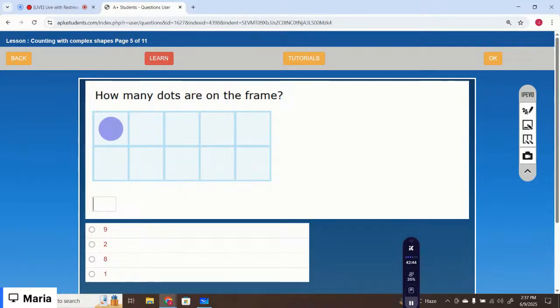How many dots are on the frame? The last option is the correct option. There is only one dot.